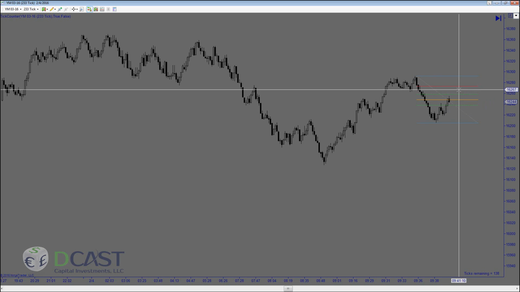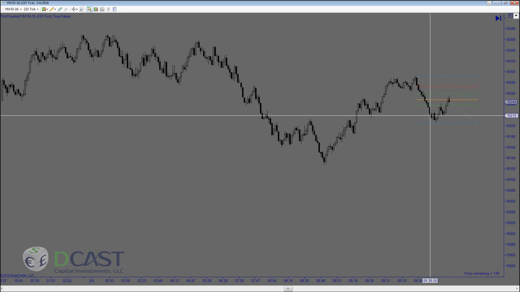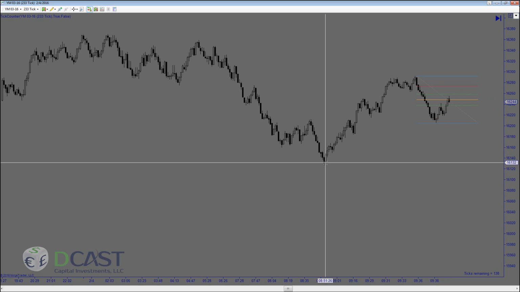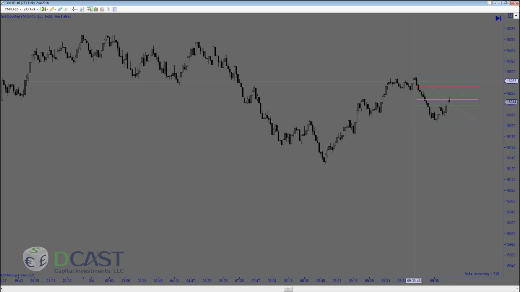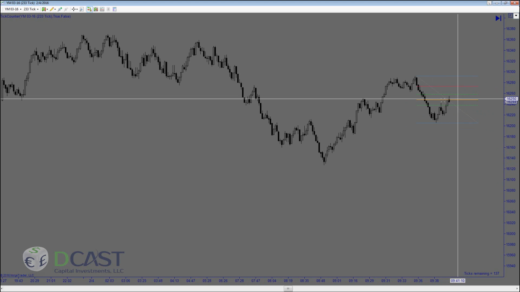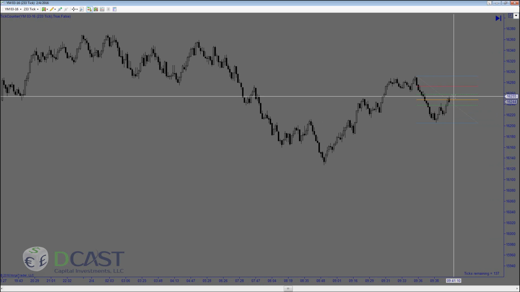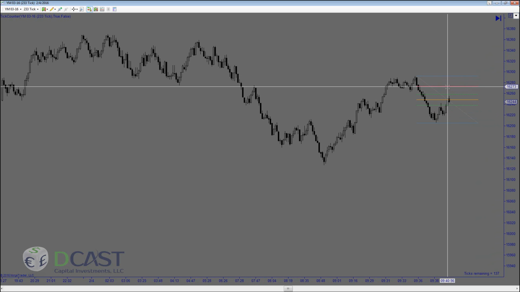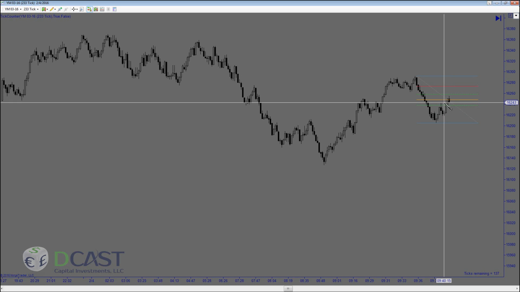Price didn't get as deep as you would expect on a very weak new structure low, but this is a market that was bearish, tried to get bullish, held on, but now it's trying to get bearish again. We had an increase in momentum, so it's okay to expect here that price is not going to get very deep into this general area, and it's worth taking that trade to the downside.